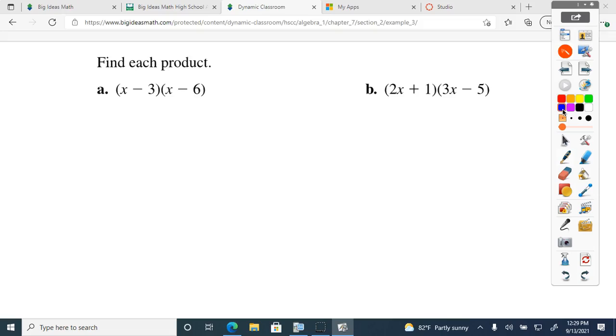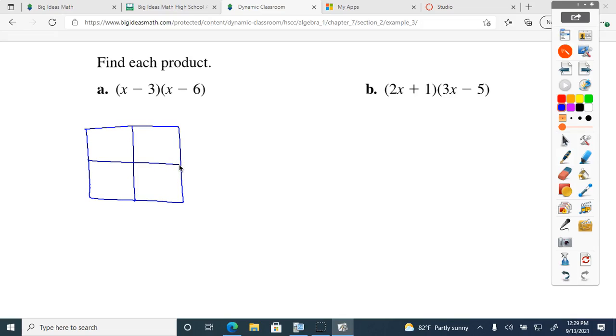Have any of you done Punnett squares in science? Very similar. So I'm going to make a table, just like that. Looks like a little window pane.